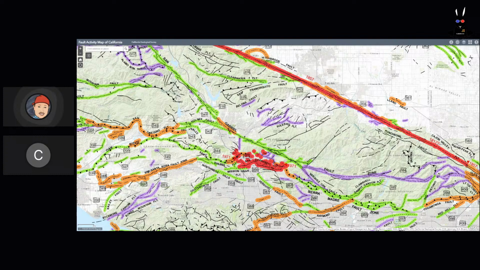The center section is where we're talking about the San Gabriel and San Fernando right here. That's where the mess is. And the Holser fault goes right into San Gabriel. And it says age is Holocene.